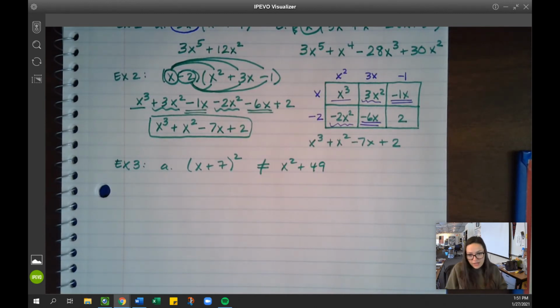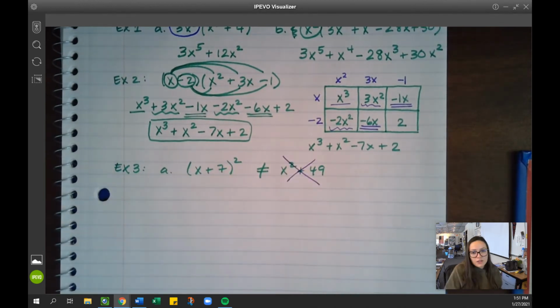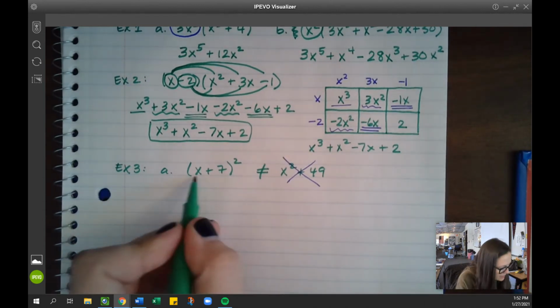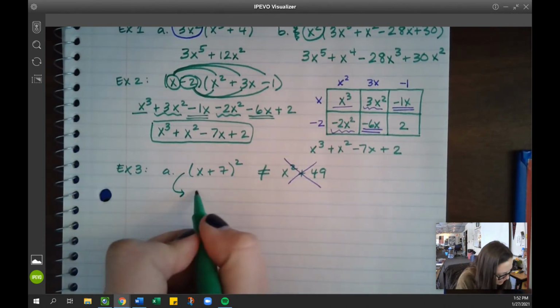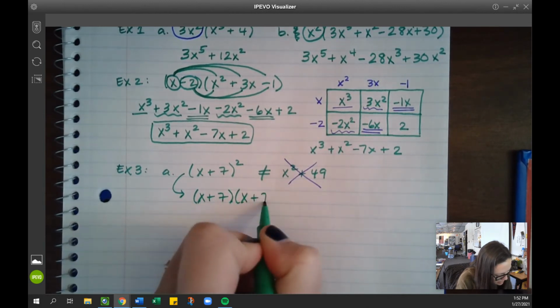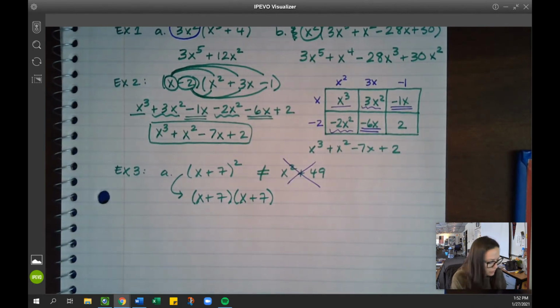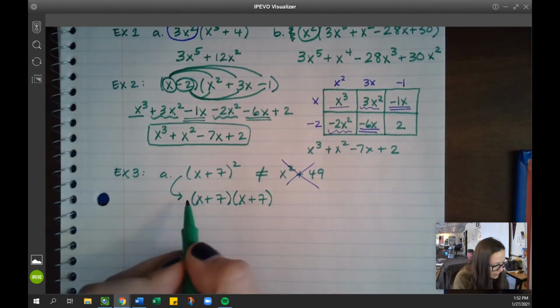So do not do that. We don't just simply go and square each thing, even though it seems like that's the way it should be. What you have to remember is that x plus 7 squared actually equals x plus 7 times x plus 7. And then you need to go through and multiply everything out.